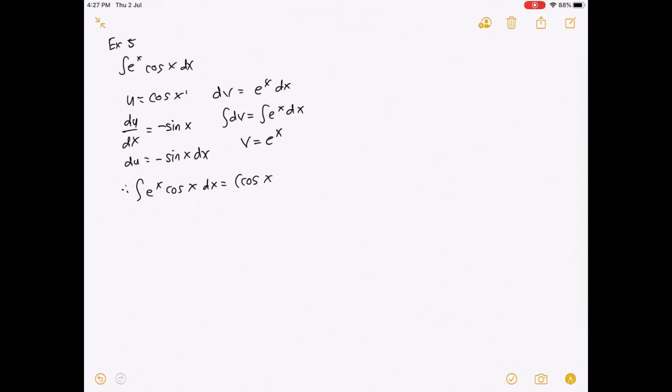So uv, which is cos x e^x, minus the integration of v du, where du is negative sin x dx. So we'll have e^x cos x, minus becomes plus, the integration of e^x sin x dx.